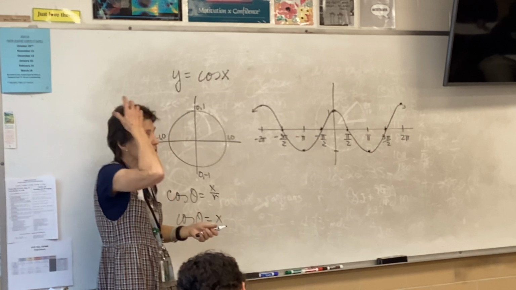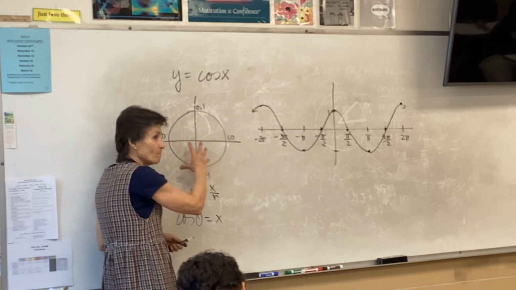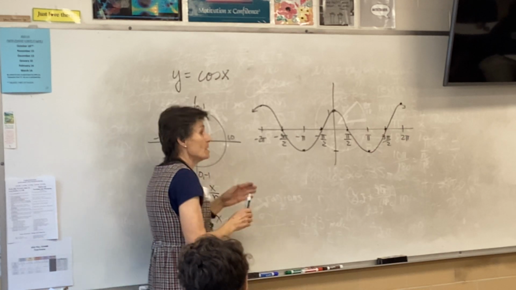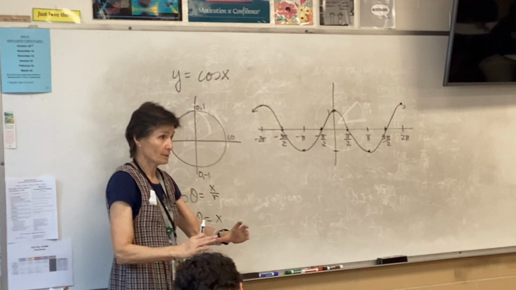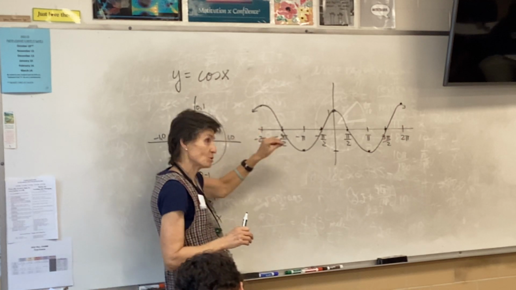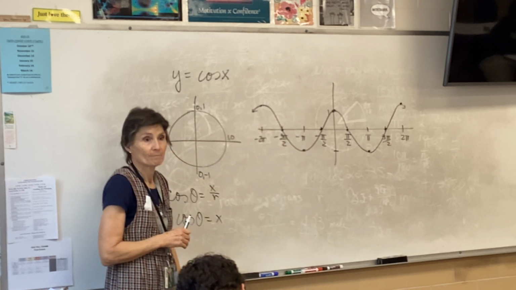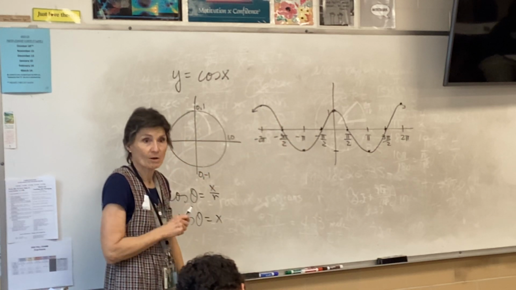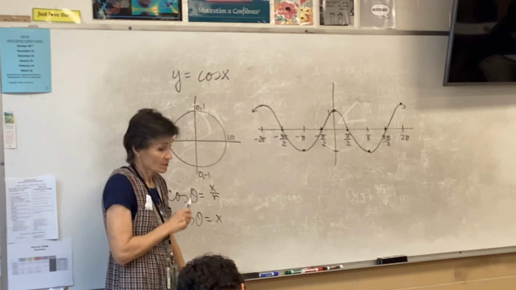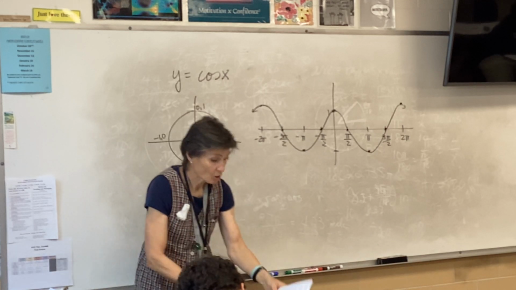It comes directly from the circle. If I used the unit circle in your notes, I could plot a whole bunch more points, but this is enough for me to see the shape. Quadrantal angles are enough. Okay? So that's y equals cosine x.